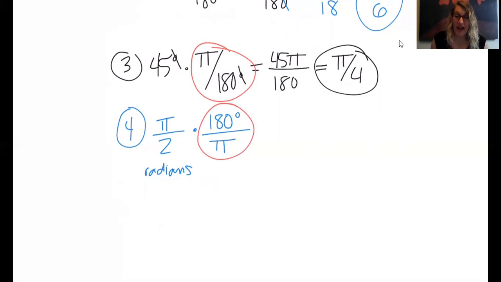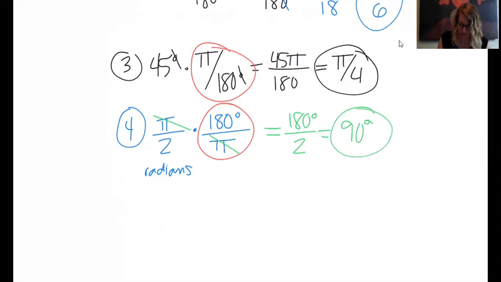It just depends on what you have and what you're trying to get. So I had radians and I'm trying to get degrees. So I don't want degrees to cancel out. I want them to stay on the top. Pi is a number, but I happen to have it on the top and the bottom. So those do cancel out. And I end up with 180 divided by 2, which is 90 degrees.